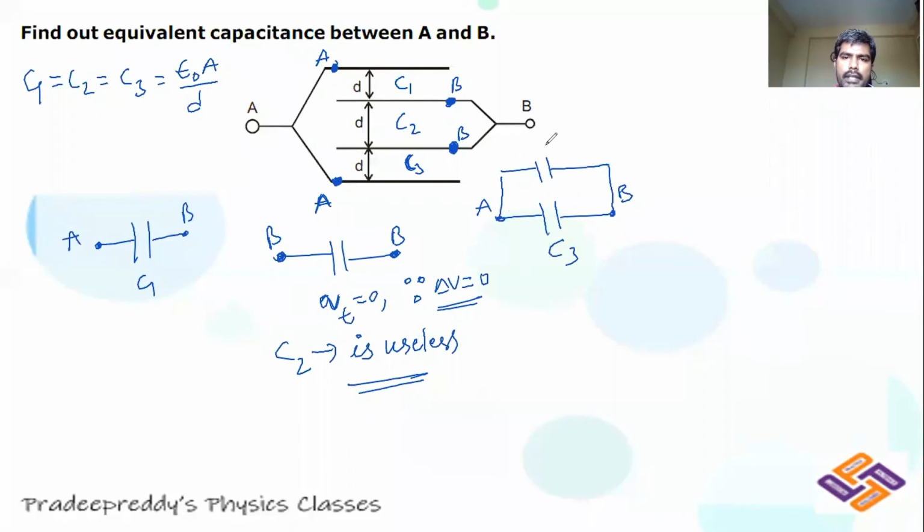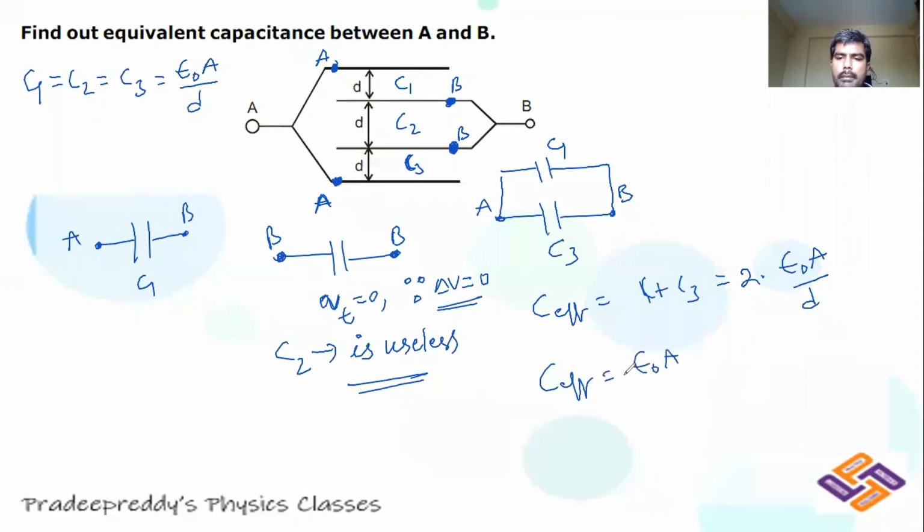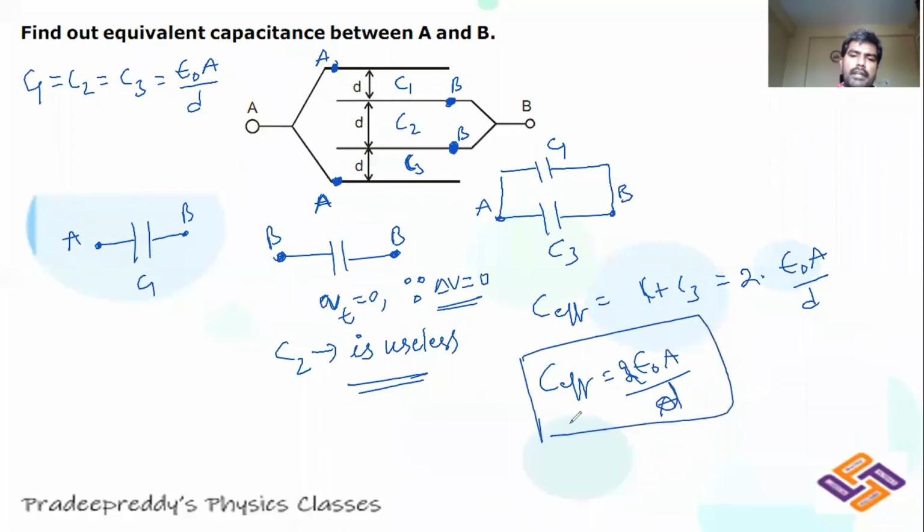Right, these two are connected in parallel, so C effective will be equal to C1 plus C3, which is equal to 2 times epsilon naught A divided by D. This is the final answer for finding the effective capacitance of these plates.